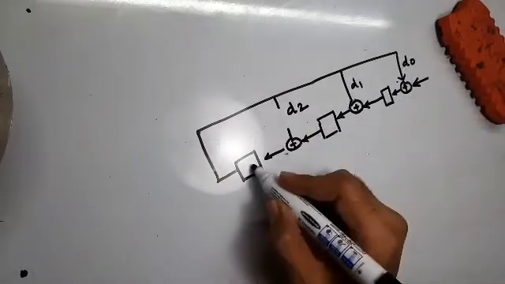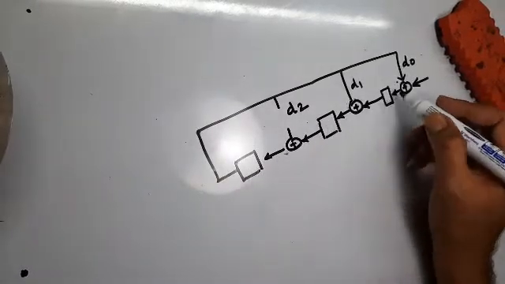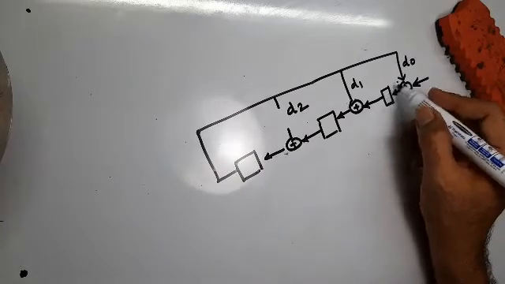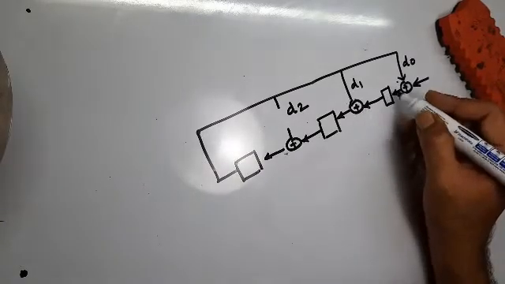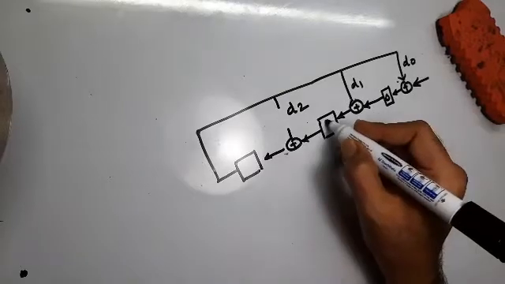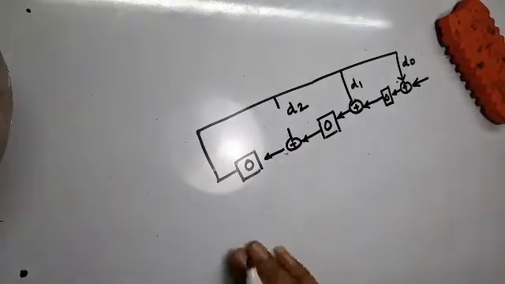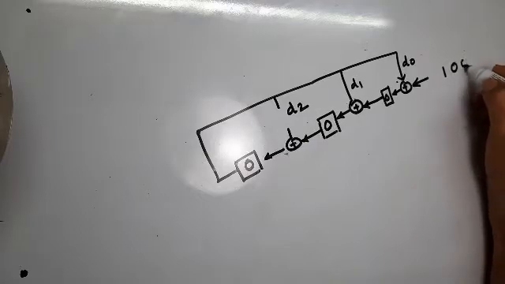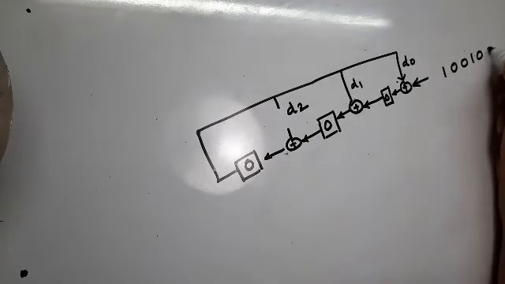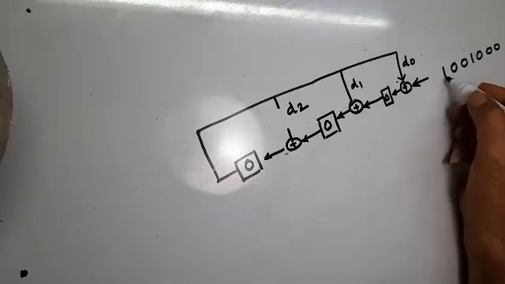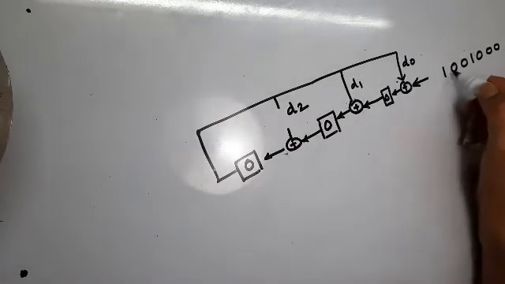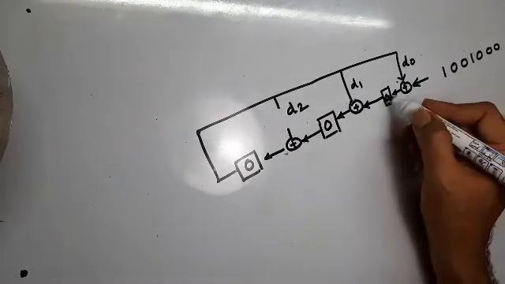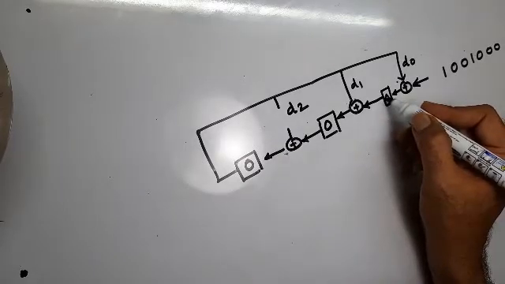These are the 3 registers which will be used to store our remainder. As I said, initially these 3 values will be 0, and from here we will input our data word in a sequential fashion.